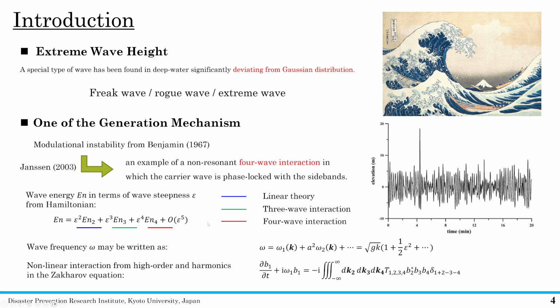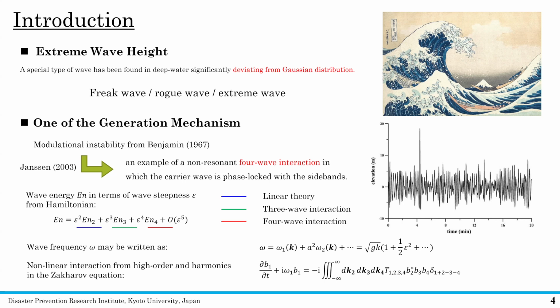Based on this wave theory, we can write the wave amplitude in this form, which we call the Zakharov equation. From the Zakharov equation, we can also write the wave amplitude in the form of the nonlinear Schrödinger equation, which has very similar forms in quantum theory.